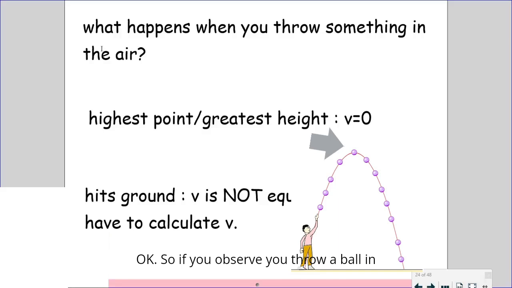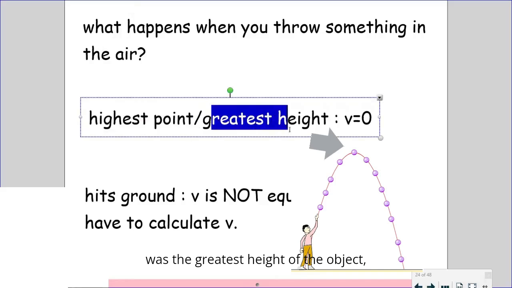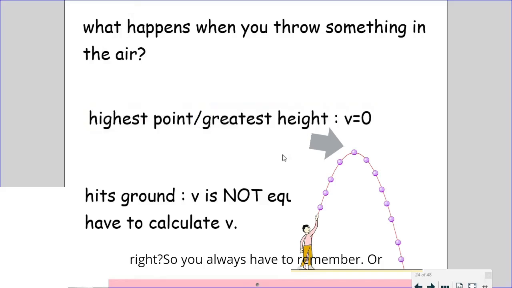So if you observe, you throw a ball in the air, at its highest point, it stops for a millisecond and then it returns back to the ground. So a lot of times a question will ask you what was the highest point of the object or what was the greatest height of the object. So you always have to remember or just think about the motion.